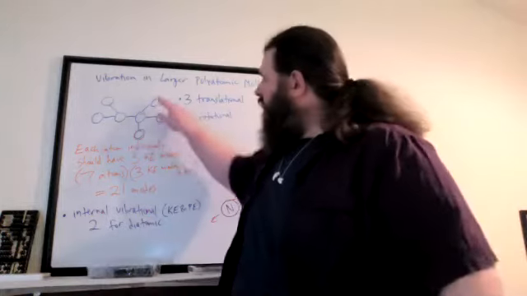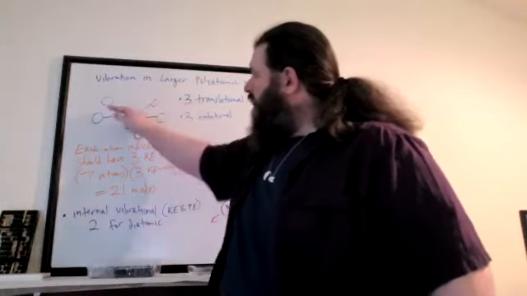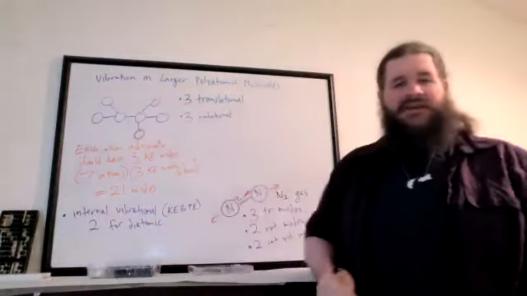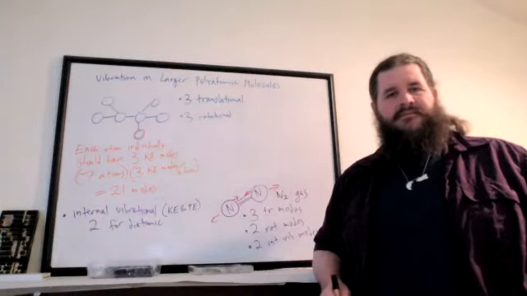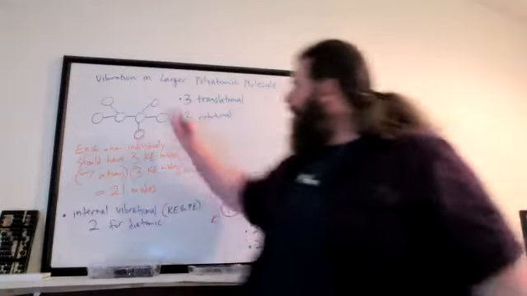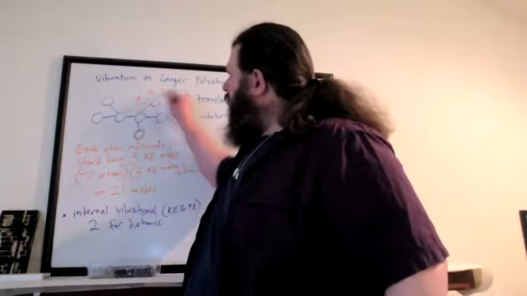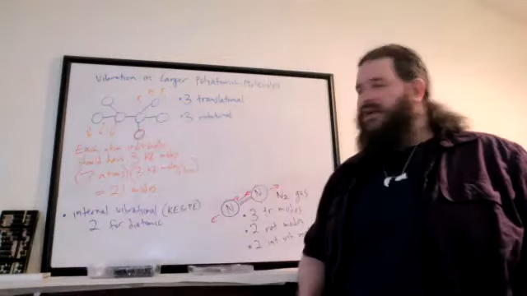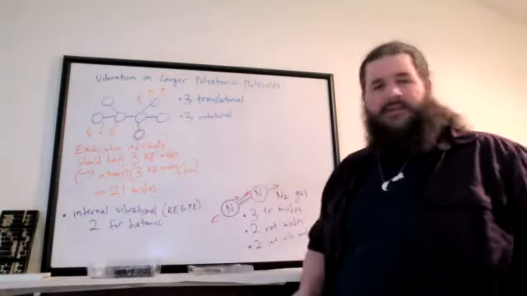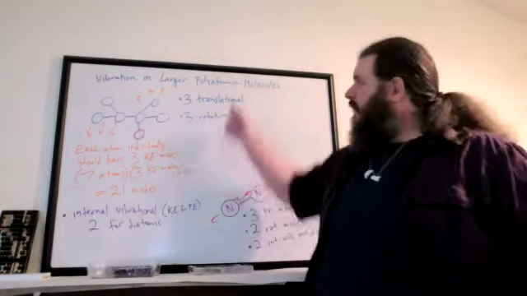Or if, for instance, these atoms are moving upwards while these atoms are moving downwards, what's the molecule really doing? Rotating. If these ones are all moving upwards while these ones are all moving downwards, the molecule as a whole is rotating, and we've already counted the rotational modes.